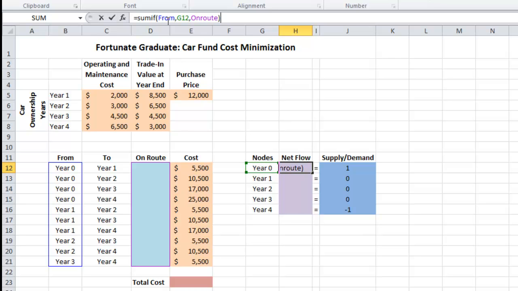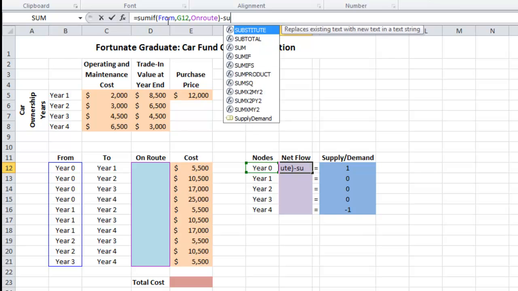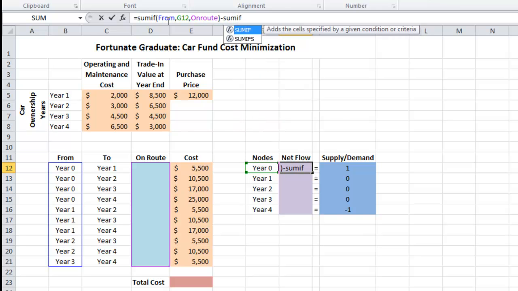Now there is a second part we have to do, because this is a net flow, but it's very similar. Minus SUMIF, open parentheses, this time it's to, comma, G12, comma, en route. Close parentheses.